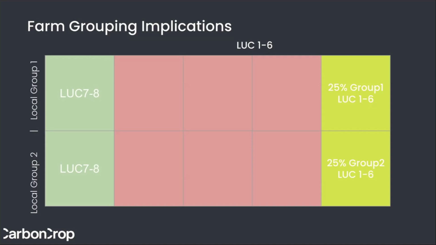And as an example of how that could work, here we've got, let's say, local group 1. Let's say that a local group is a cluster of titles in Northland, and local group 2 is a cluster of titles in Southland. Each of them has some LUC 7 and 8 land and some LUC 1 to 6 land. For this example, let's assume that they're all under a single corporate entity with the owner.